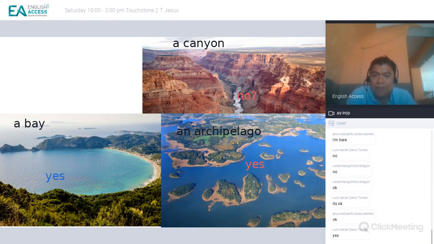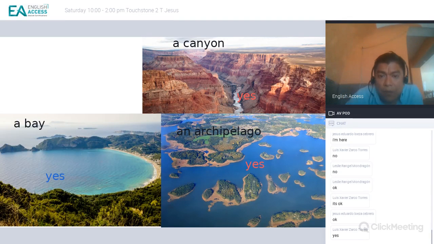Yes, we do. Yes, we have a canyon. The Copper Canyon. We have a Copper Canyon in Chiapas, and we have the other canyon, I don't remember the name, in Chihuahua. And the canyon in Chihuahua is actually very big. It's very big.